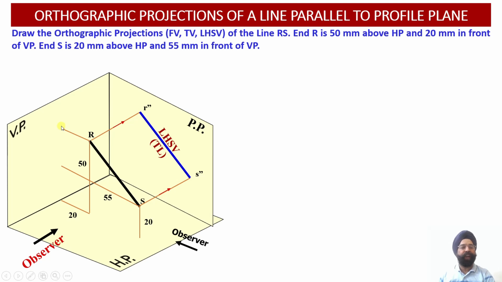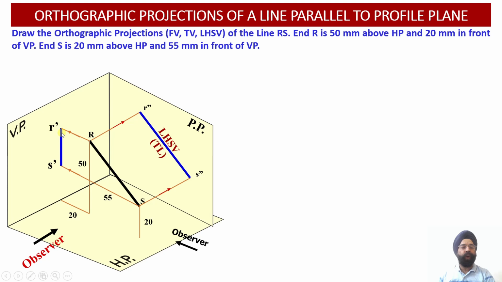The name of this point will be R dash. Similarly, point S will be projected onto the vertical plane, that is the front view projection, as S dash. Once we obtain these two points R dash and S dash, we can join points R dash and S dash.